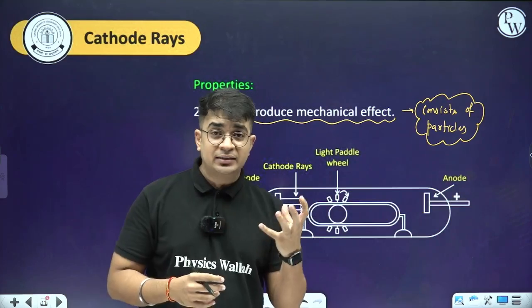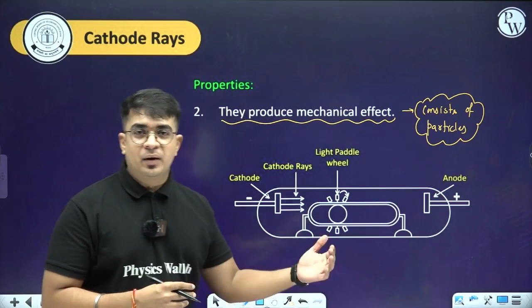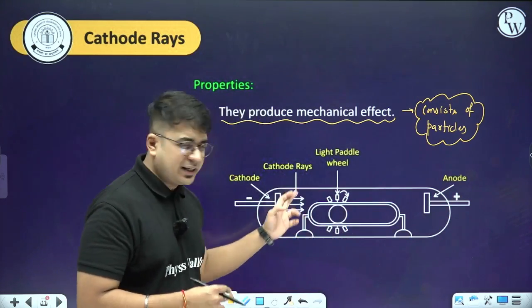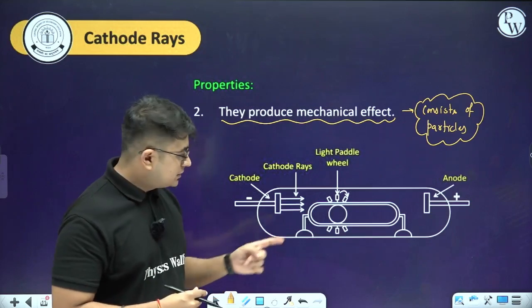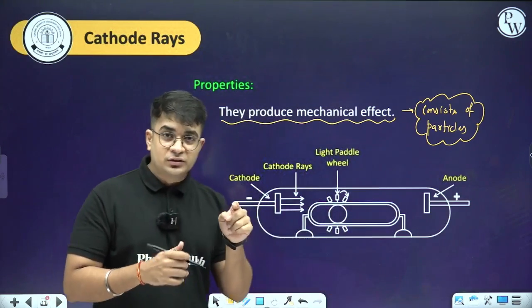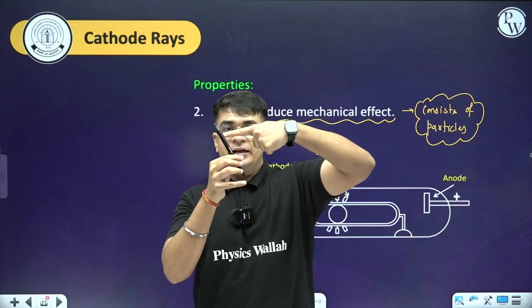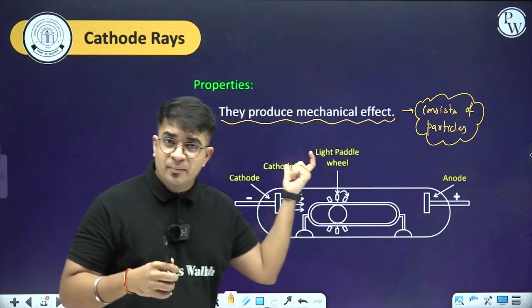It has certain mass, and when it hits something, you can see that part move. That's why when we place a very light paddle wheel in front of these rays, you can see the wheel rotate, which shows that if something has a mass, when it strikes, it can change the path. That is the mechanical effect.